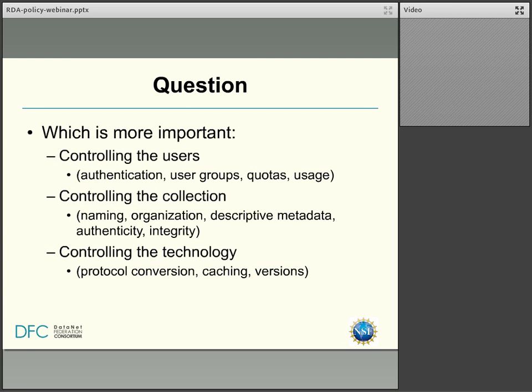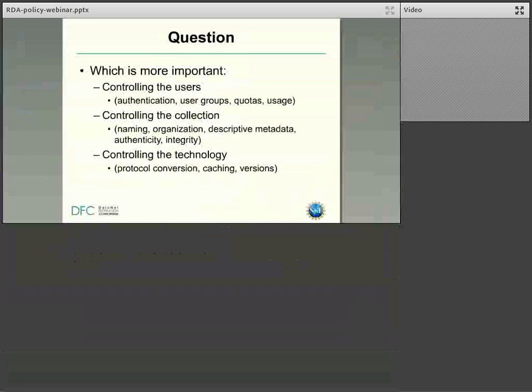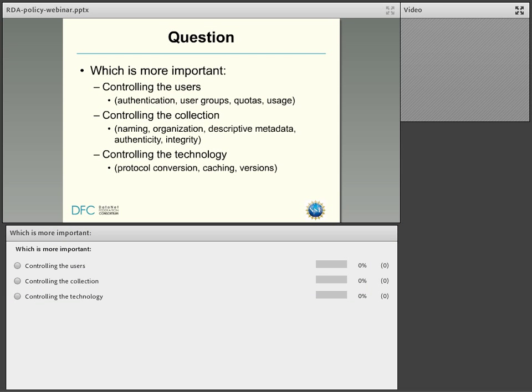So this is a question I'd like to get a consensus from the audience. Which is more important, controlling the user interactions, controlling the property of the collections, or controlling the interactions with the technology in which we're managing the data? So I'll give you a minute to come up with a consensus.